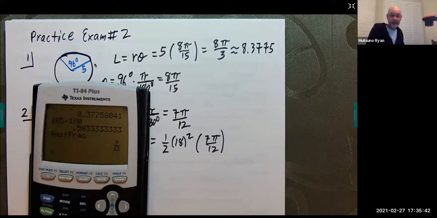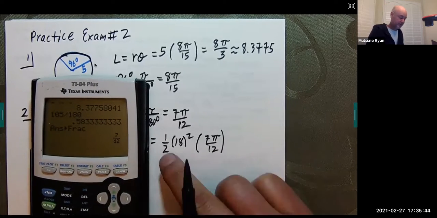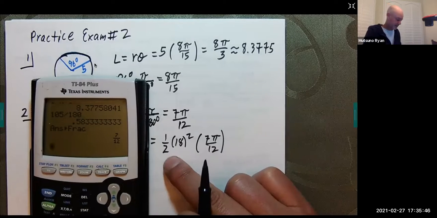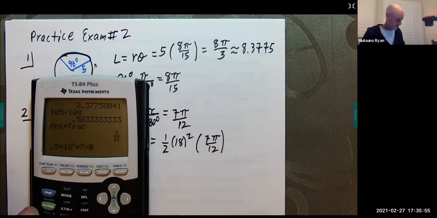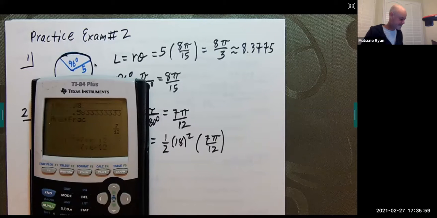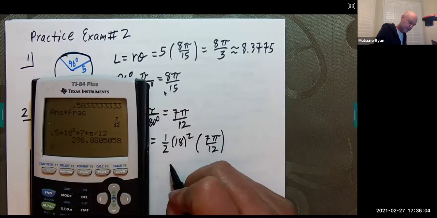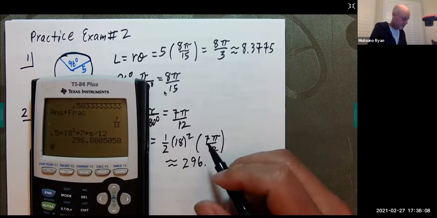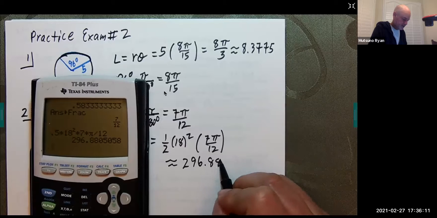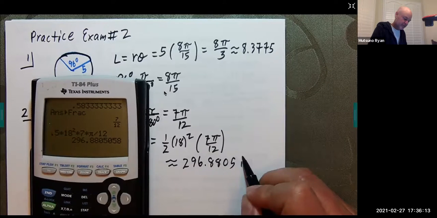So I'm going to get a little fancy here. Instead of 1/2, I'm going to use 0.5. It's the same thing. 0.5 times 18 squared times 7 times pi divided by 12. That gives us 296.8805 square inches.